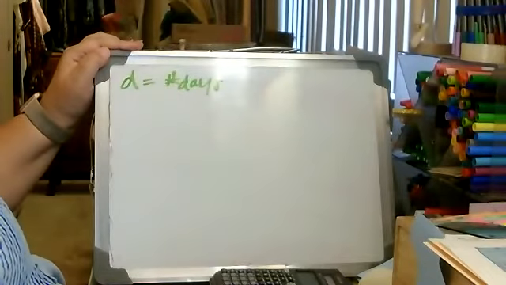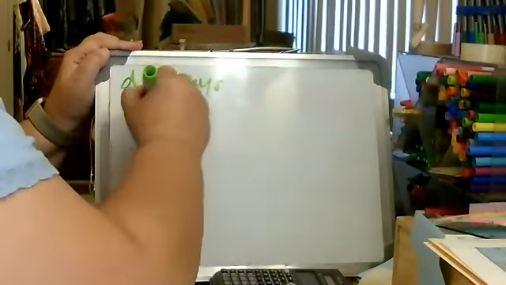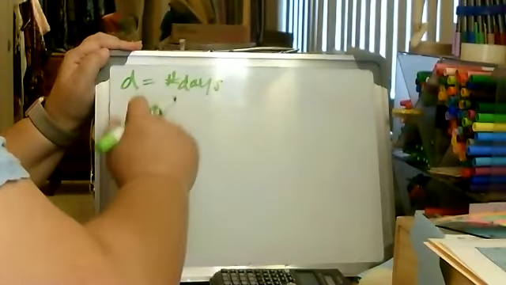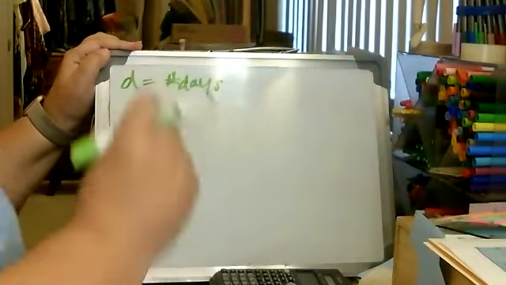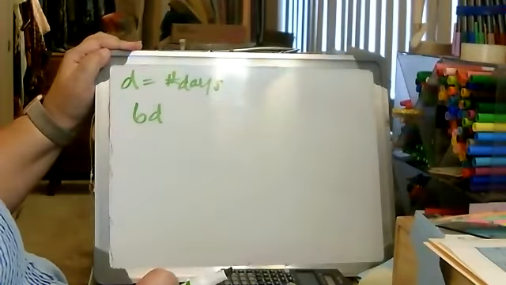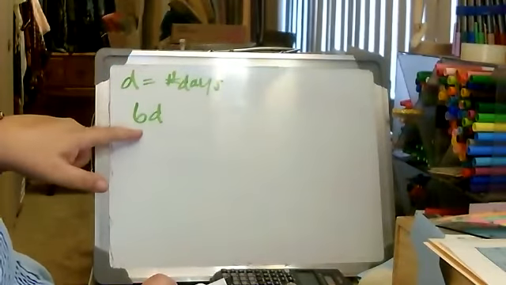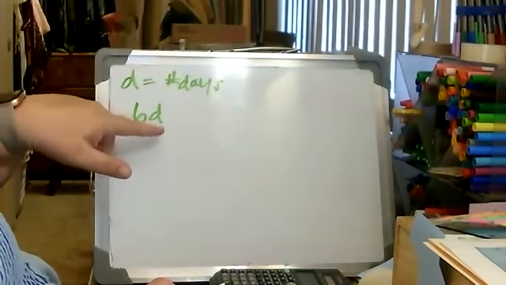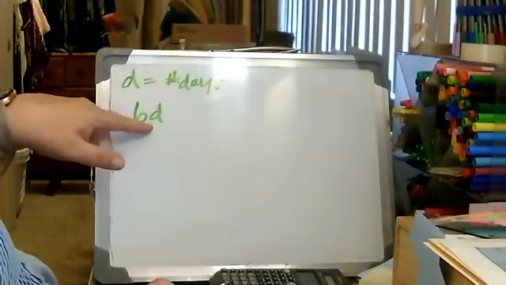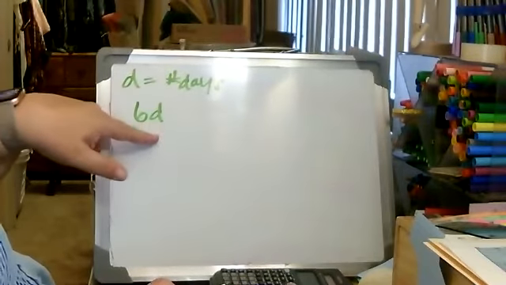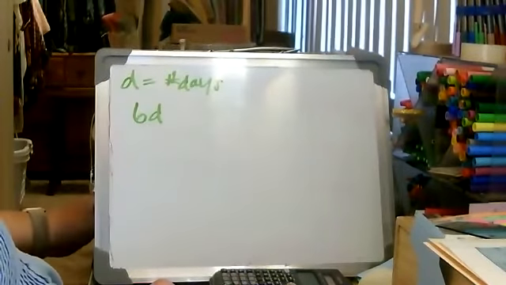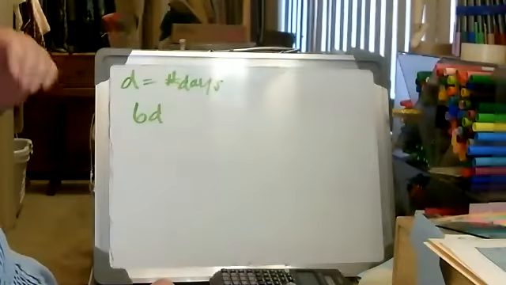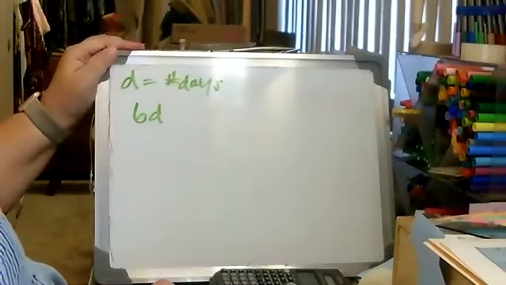So now we can say that Georgia runs 6D. Wow, my dyslexia just came out. 6D. So that's saying she runs 6 loops every day. And when we find out how many days she runs, we'll know how many loops because we're going to multiply that by 6. So that's the expression that represents how much Georgia runs each week.